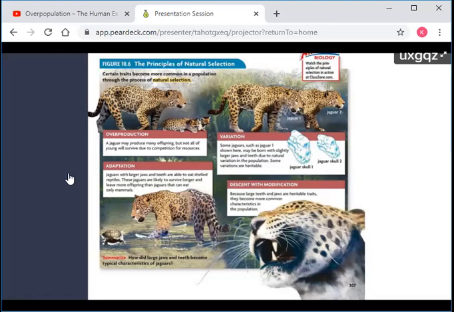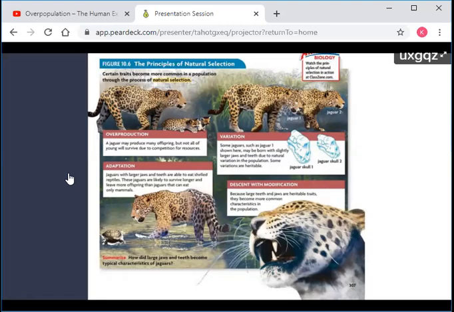As you can see here, these jaguars can have larger skulls with larger jaws and teeth, or some can have smaller jaws with smaller teeth. Jaguar skull 1 is larger than skull number 2. So how does this work? Let's say a long time ago there was a shortage of mammals in the rainforest.